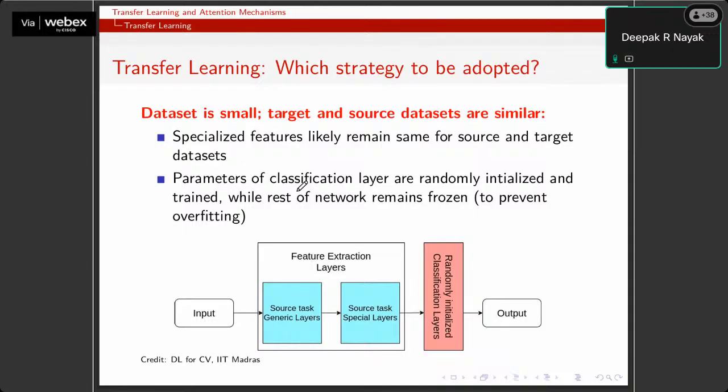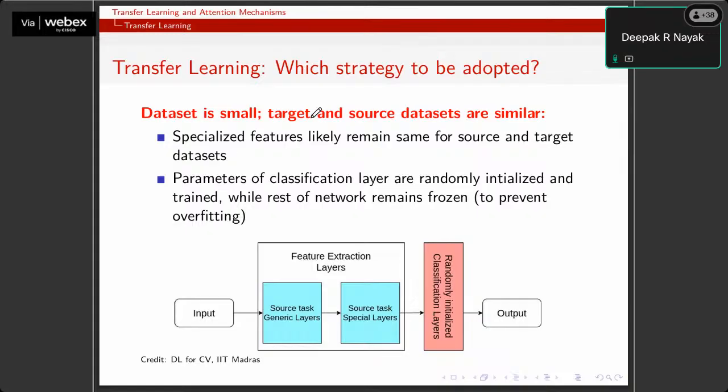If you are planning to use transfer learning, and let's say the dataset size is small and the source and target tasks are similar, it's a very good thing. That means the dataset is small, you do not have much data, and the target and source datasets are similar. So what changes do you have to make in the transfer learning?